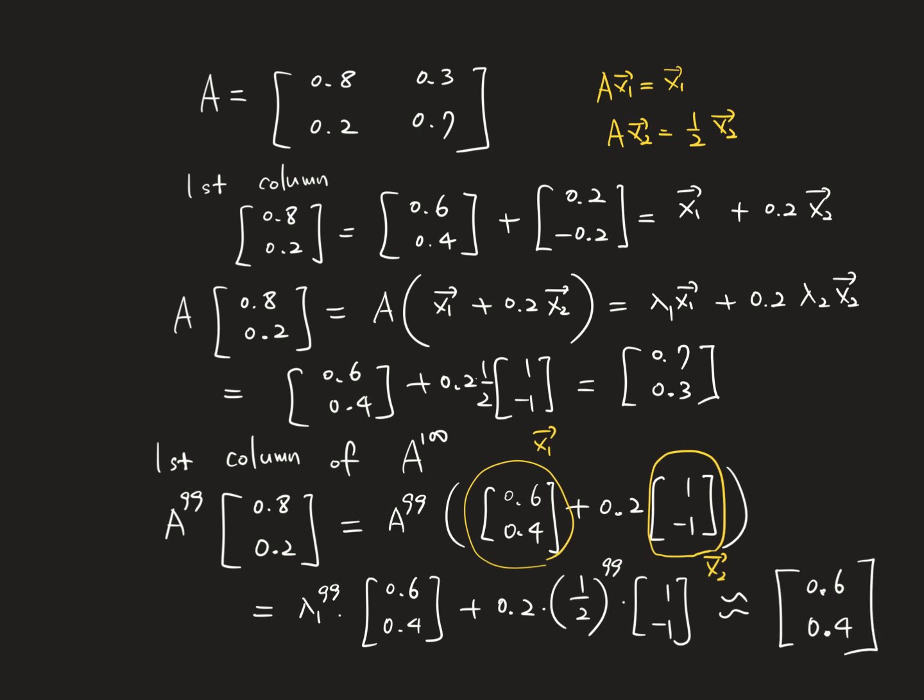I'm showing you why the first column is changed to 0.6 and 0.4 as much time has passed. We see that the first column converges to x1. The reason is this.